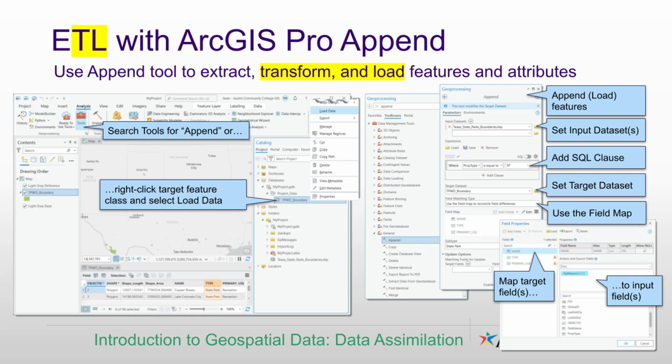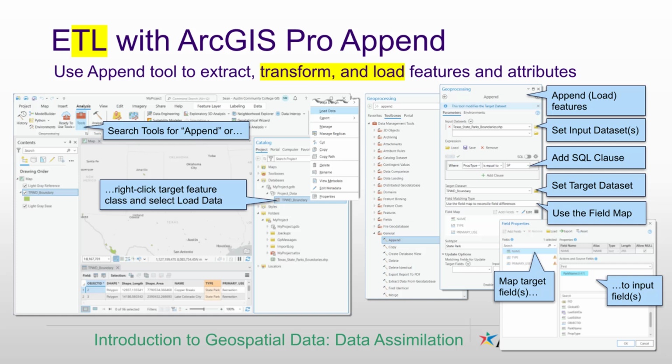Now, many times when you're appending data, the schema or the field types don't match. And so if that's the case, you often need to use a field map to reconcile the field differences. So in the Append tool, I set the field matching type to use the field map to reconcile field differences. And that opened up the field properties window, where I get a list of both the fields for the target data set and the fields for the input data set.